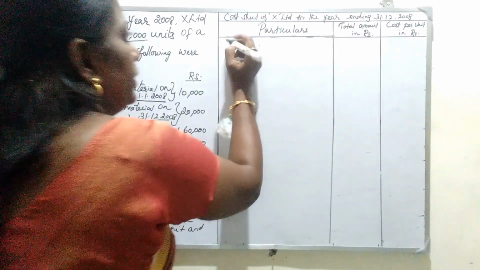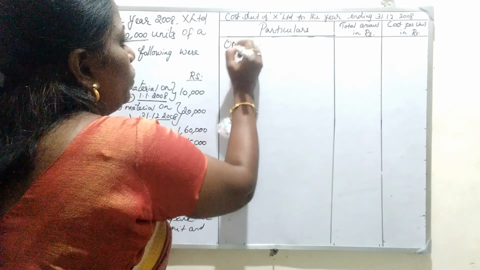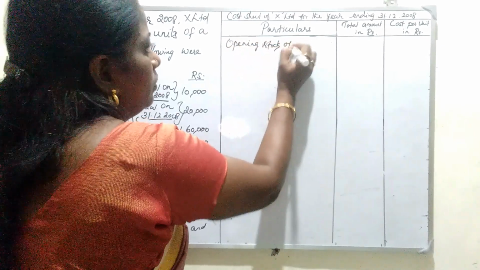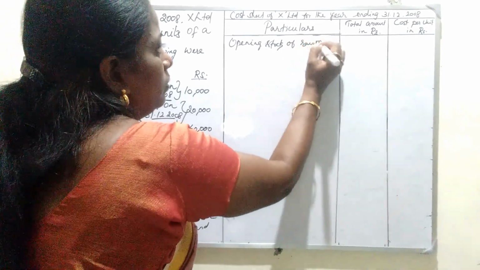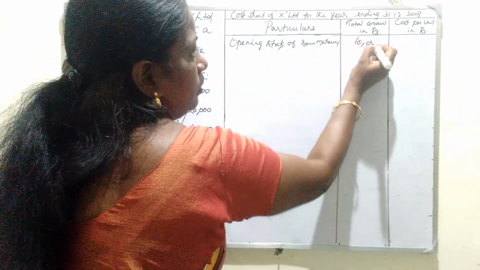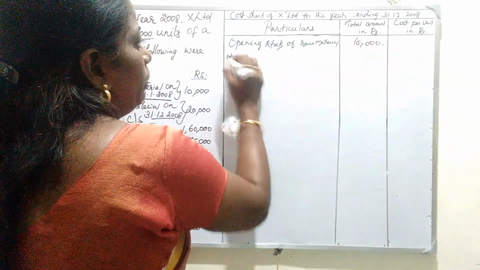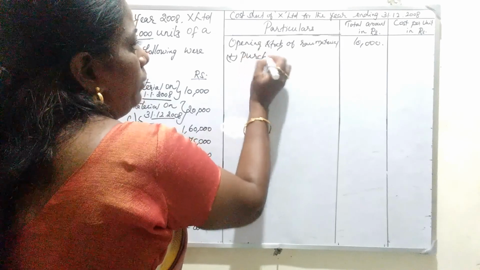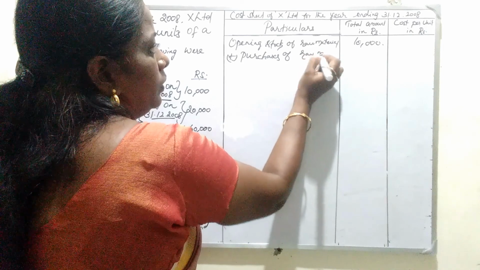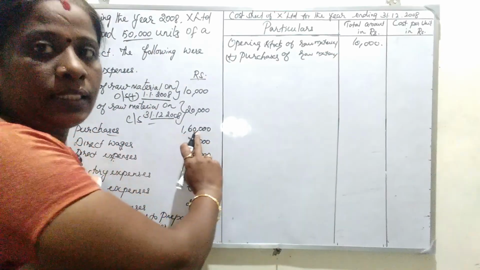First we have to write the opening stock of raw material, that is 10,000. Then we have to add the purchases of raw material, whose value is 1,60,000.